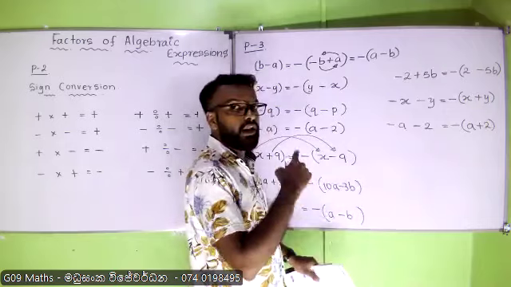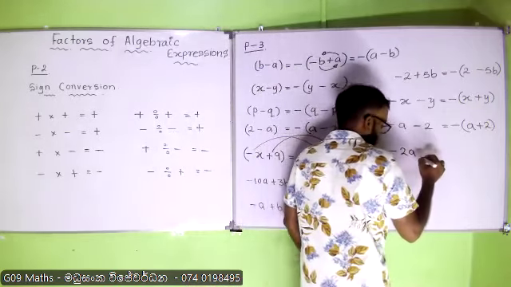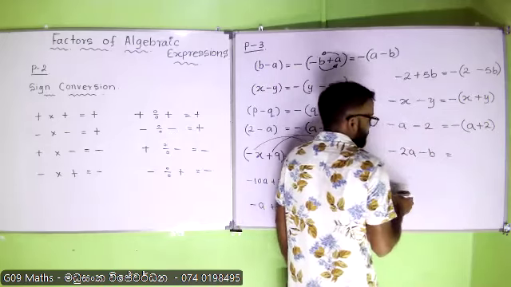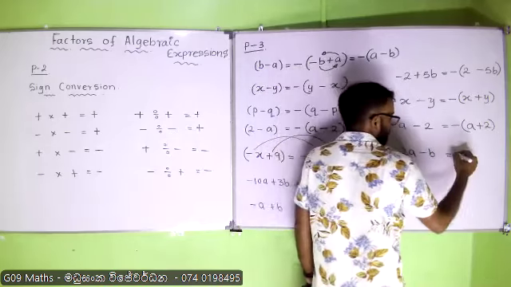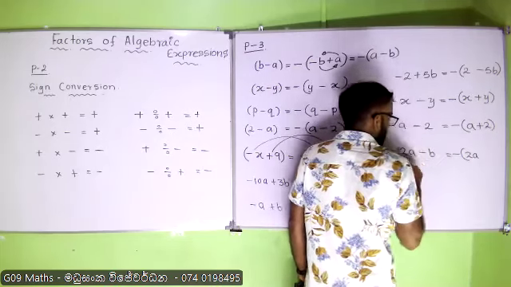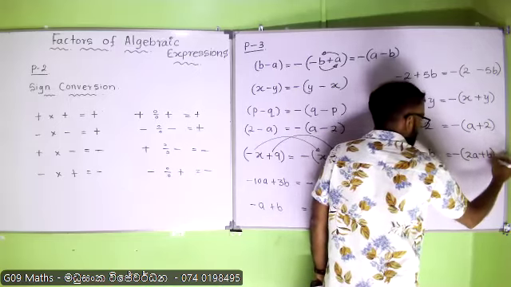Last one. Negative 2a minus negative b. Take the negative sign out. Same as previous. Positive 2a. Negative b becomes positive b. Right?